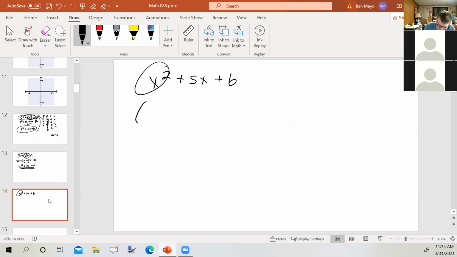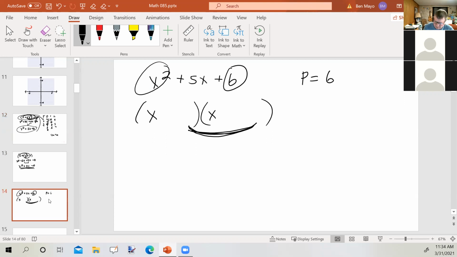That comes from the first times the first. So x squared would be split up x and x. Where does this come from? This comes from the last and the last. So that means this number times that number has to be 6. So we're looking for two numbers who have a product of 6.